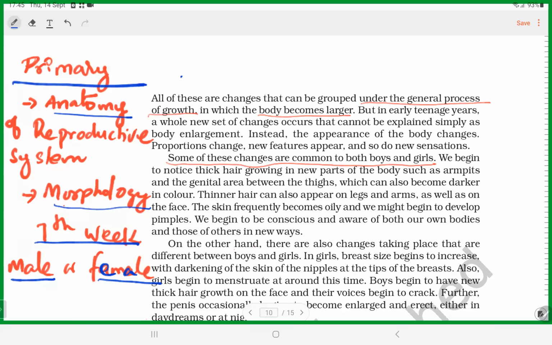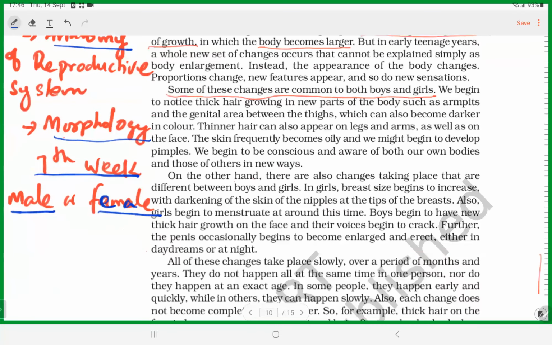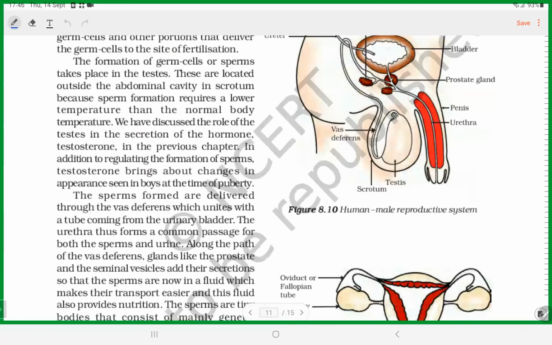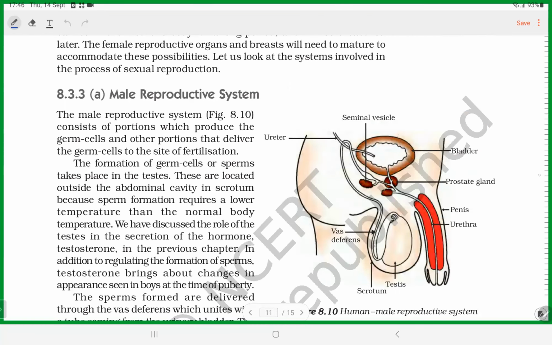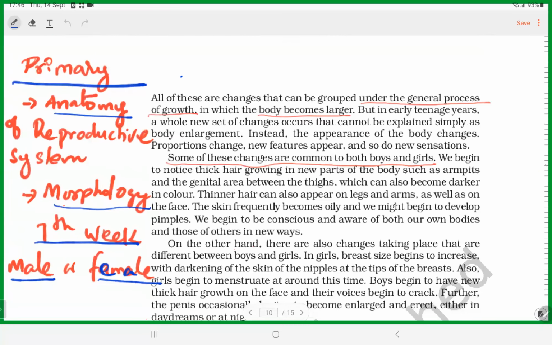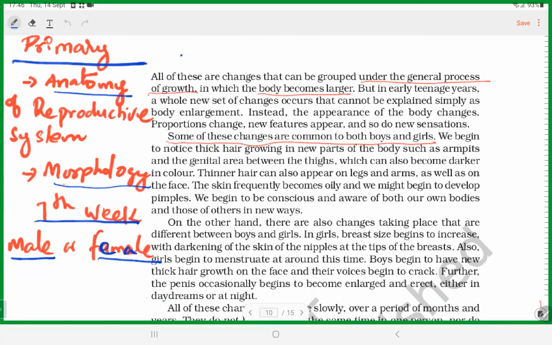That's why we study the male reproductive system and female reproductive system. Can you see the components? This is the female reproductive system, and this is the male reproductive system. So the development of these organs should start from the seventh week of gestation, when you are in your mother's womb. Can you understand? Yes, sir. That's the primary sexual characters.